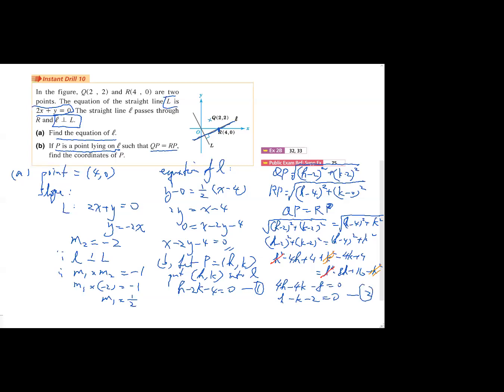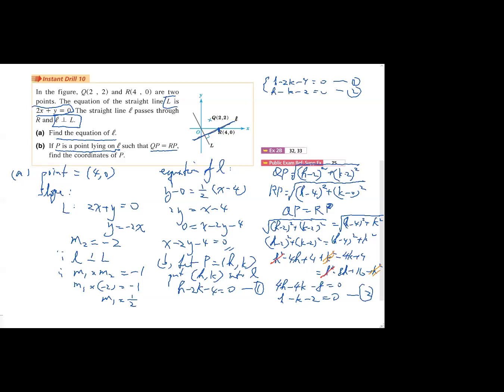All right. So now what do we have now? We have h minus 2k minus 4 equals 0 to be equation 1, and h minus k minus 2 equals 0 to be equation 2. And we just found that the h terms are exactly the same in both equations.